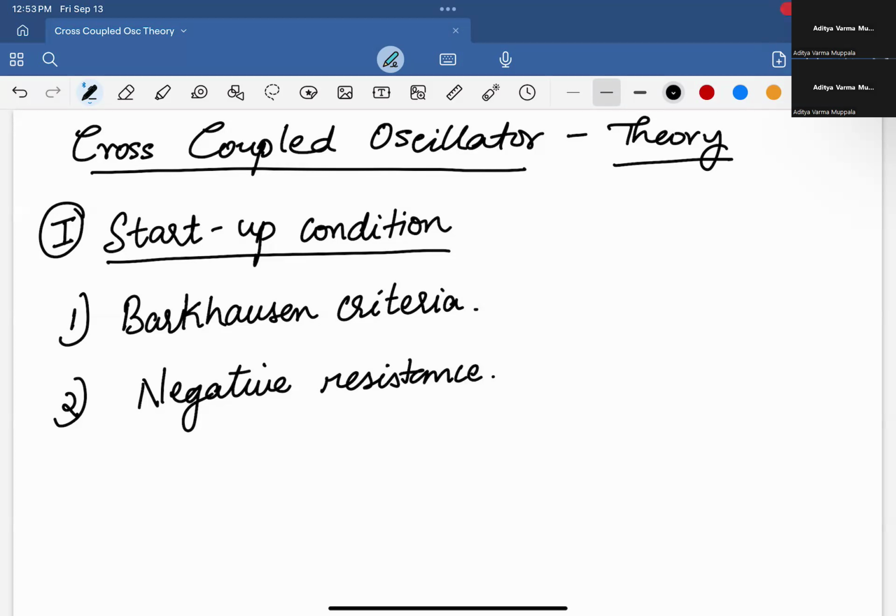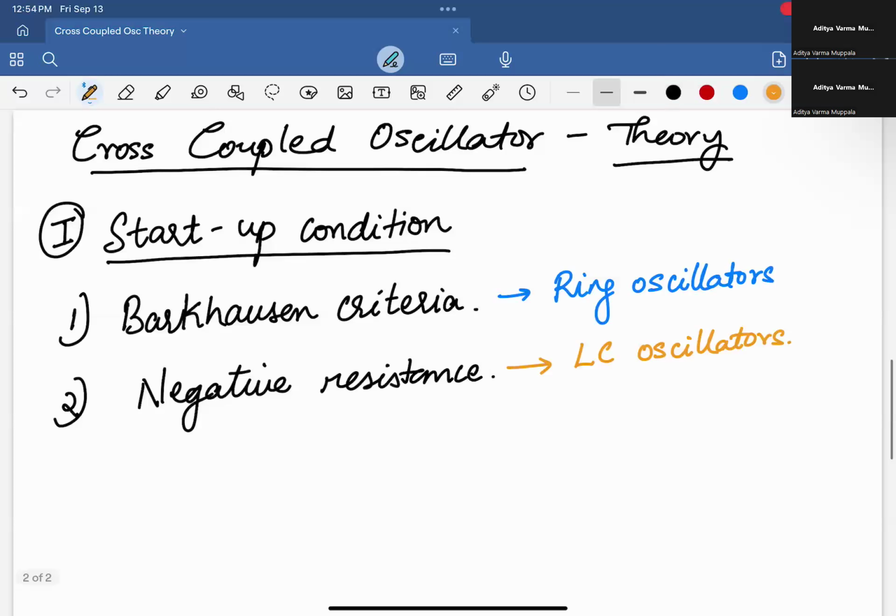Okay. So what is Barkhausen criteria? I'm not going to talk about that in detail in this video. This is generally used for ring oscillators, and the negative resistance one we'll use for LC oscillators. So Barkhausen criteria basically says that if you have a linear system in feedback, then the closed loop phase should be 0 degrees or some multiple of 2 pi.